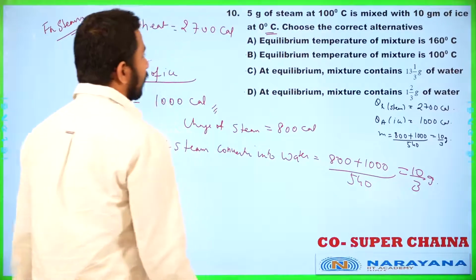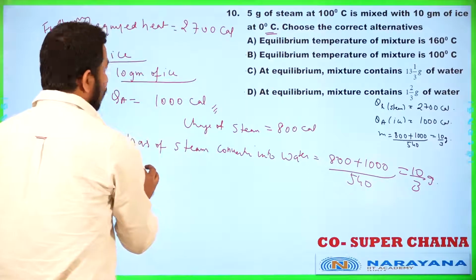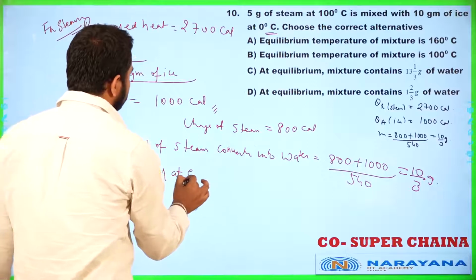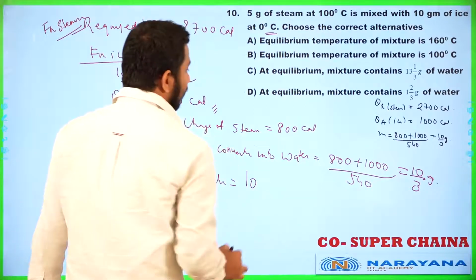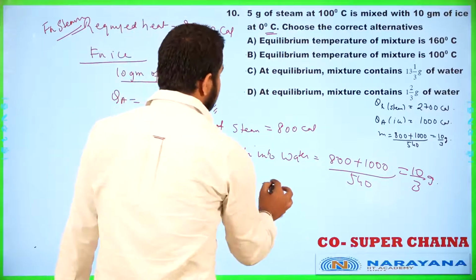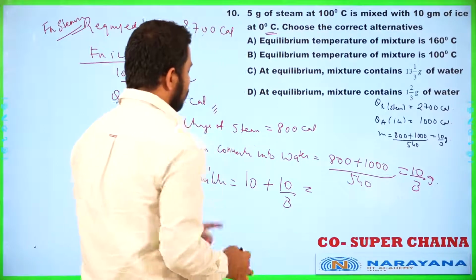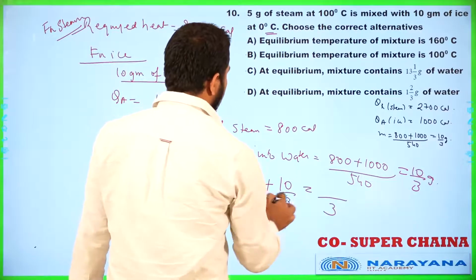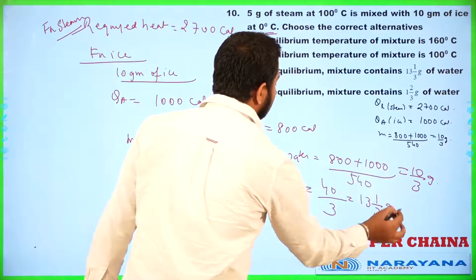So if you see here, how much water does the mixture contain at equilibrium? Water at equilibrium will be this 10 plus this 10 by 3. What is this coming to? It will be coming as 40 by 3, and if you simplify, this will be 13 1 by 3 gram.